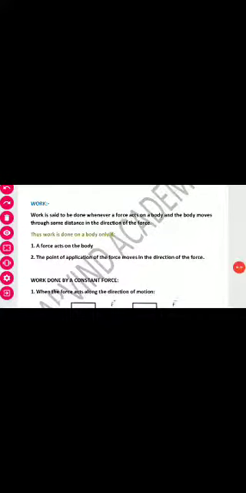Our next chapter is work, power and energy. As we have completed our fifth chapter, that is laws of motion, now our next chapter is work, power and energy. In this, the first topic is work. What is work?